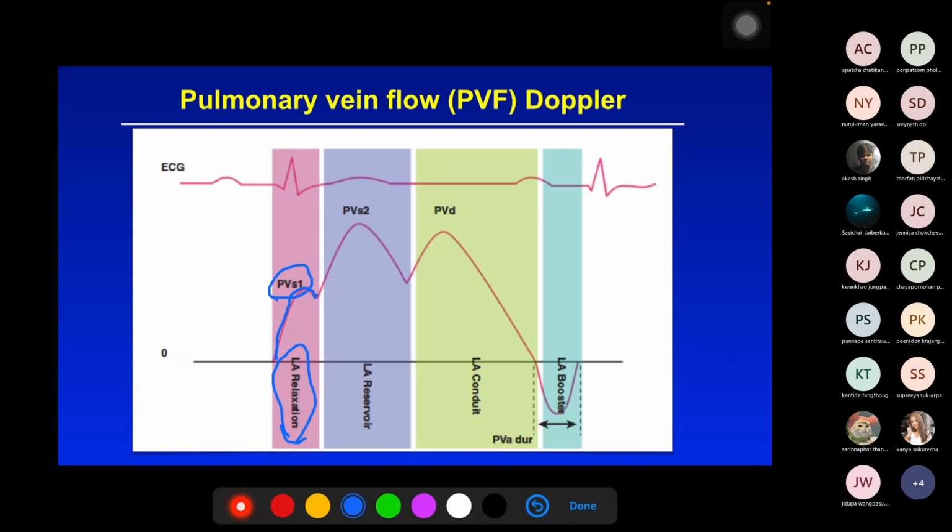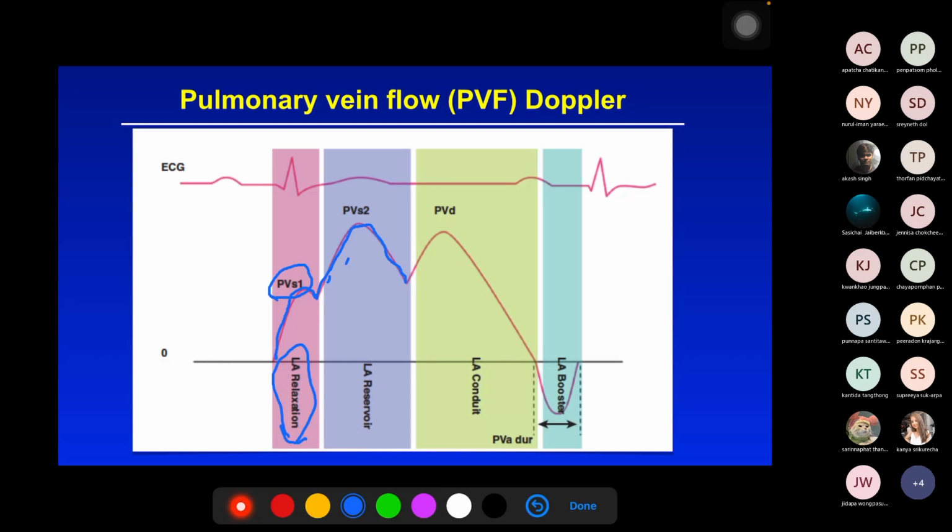Okay, the LA relaxation generates PVS1 and then PVS2. PVS2 is caused by the continuous flow from the pulmonary vein to the LA. During systole, the RV contraction pushes blood from the RV to the lung.